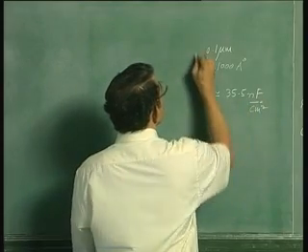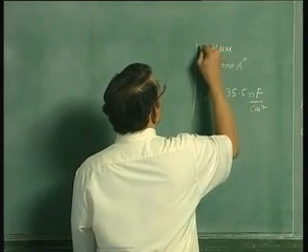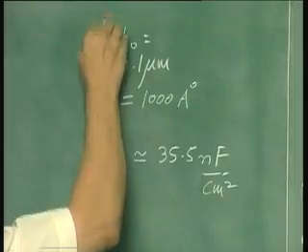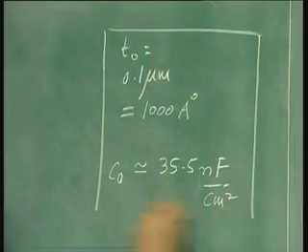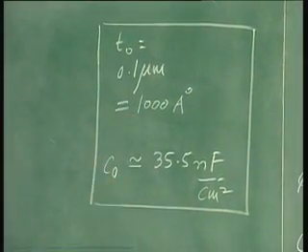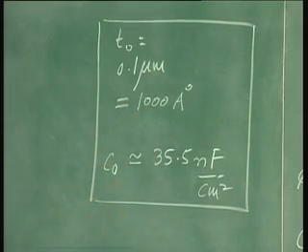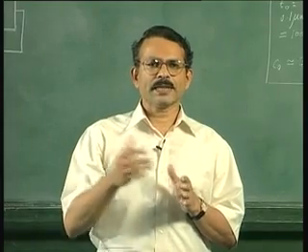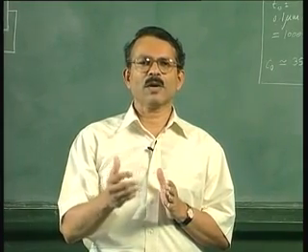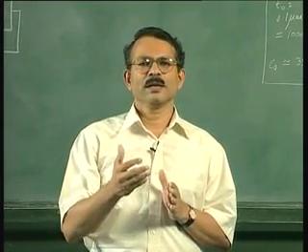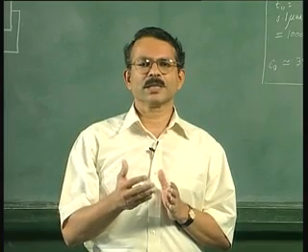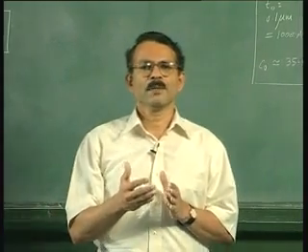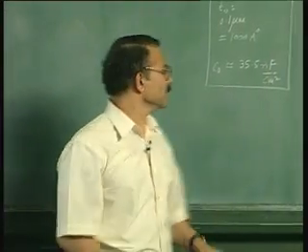So one remembers this value for T naught equal to 0.1 microns or 1000 angstroms. In practice, whenever you come across any other oxide thickness, you can always quickly calculate the capacitance of that particular MOS capacitor by simply scaling by the oxide thickness in the appropriate manner, starting with this value.